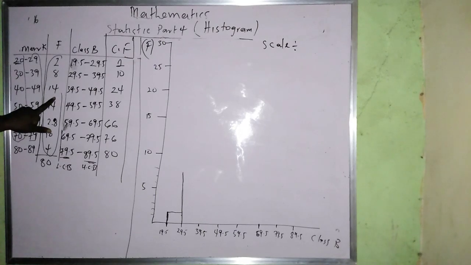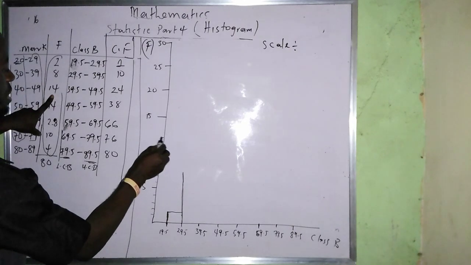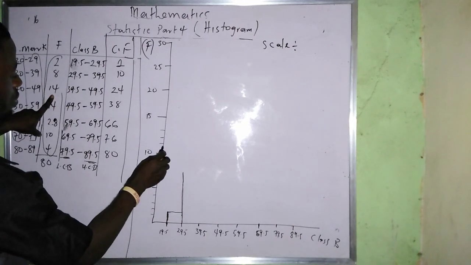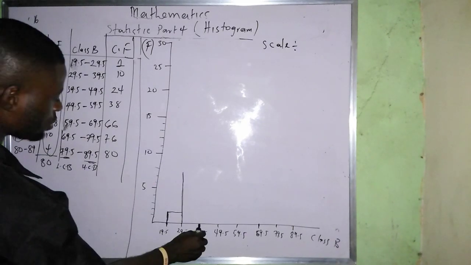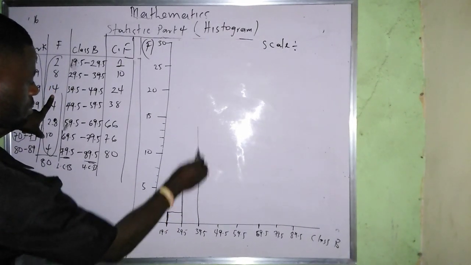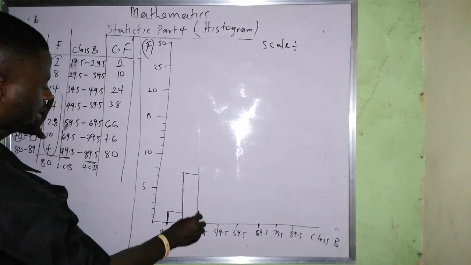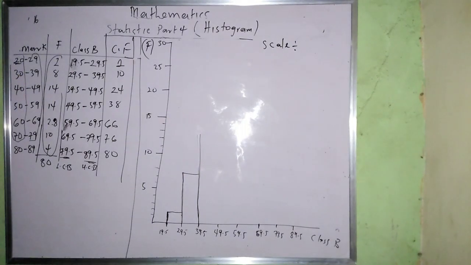Now, when I'm in 39, I'm in 14. My 14 is around here: 11, 12, 13, 14. Now, my 14 will be around here. Very, very important, with the help of our graph, it will be achieved. Now, this is my 14. On the other side, it's also 14. It means when it's 39, this is 14.